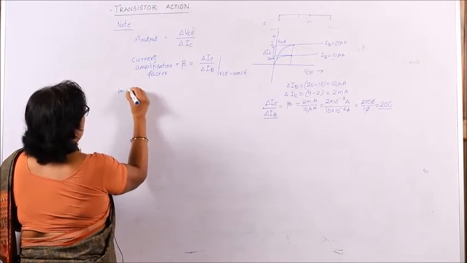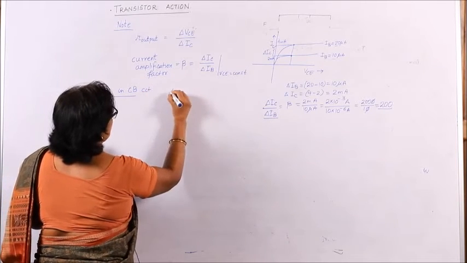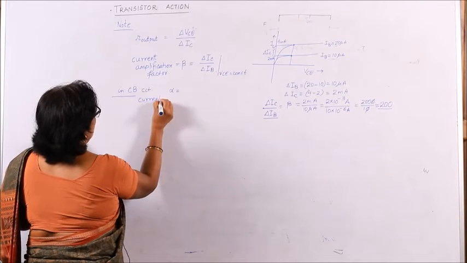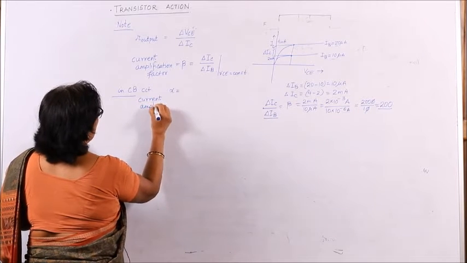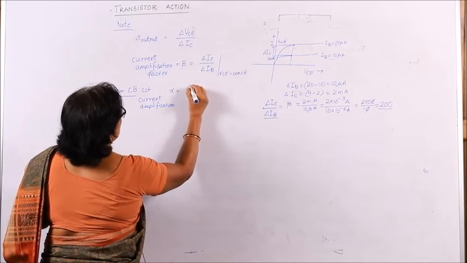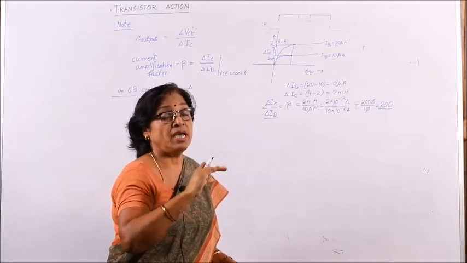If you take the common base circuit, there is a current amplification there also. In the common base circuit, the base is common to both input and output.